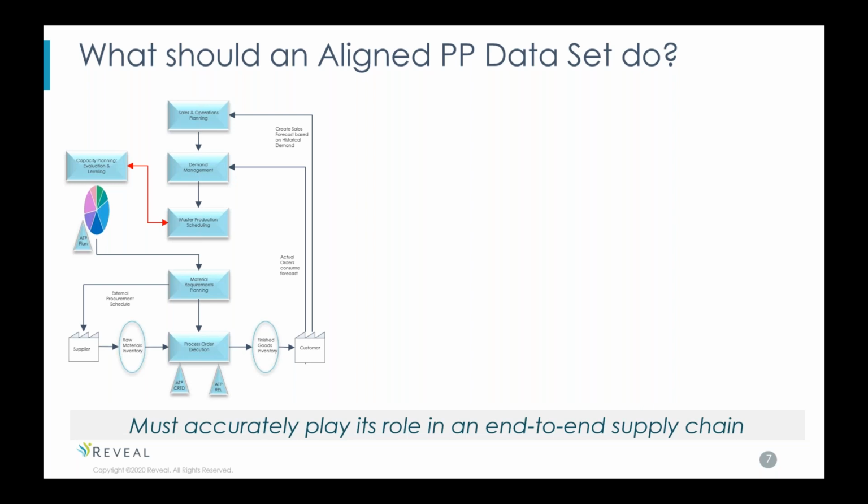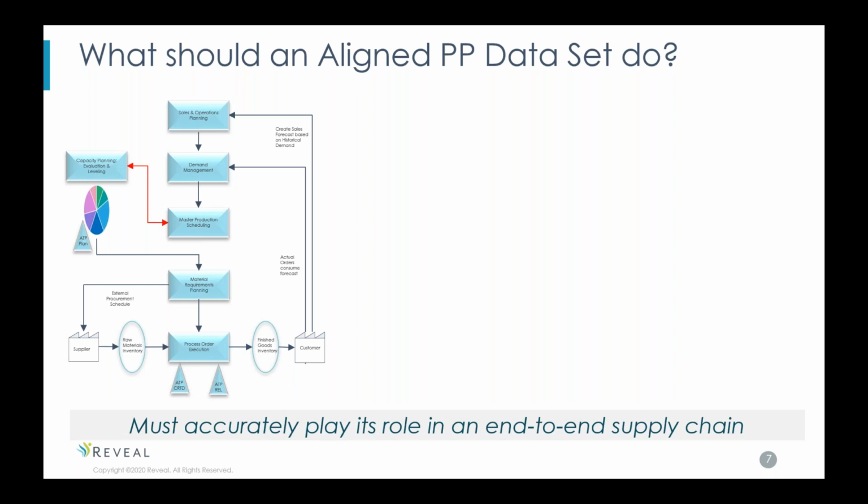Let us be very brief on this picture and say that at the top, you look at your sales and operations planning, which determines your production rates, your forecast, and your strategic goals. As you go down that process flow, you're moving towards your operational activities.